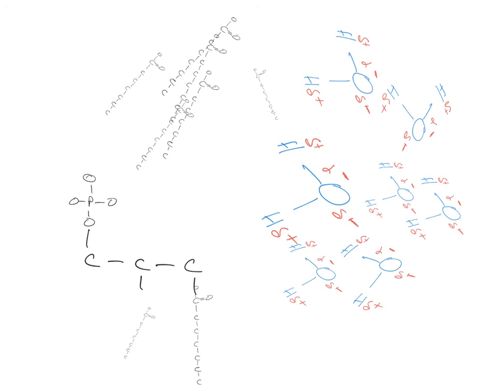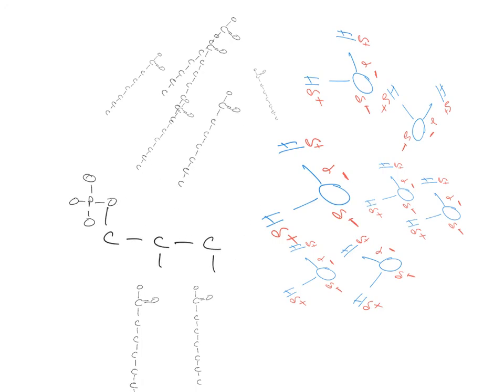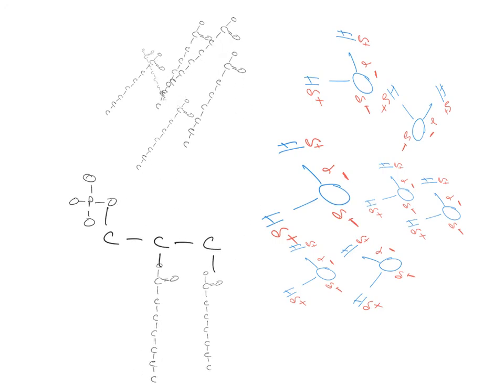Remember that? If you don't remember it, you can go back and review it. So fats will just float on water, but these phospholipids are going to do something strange. Well, it's not really strange.